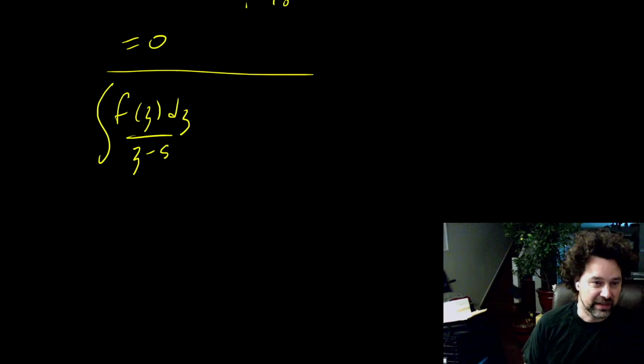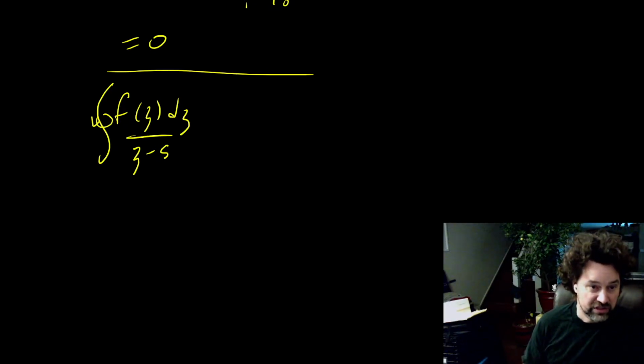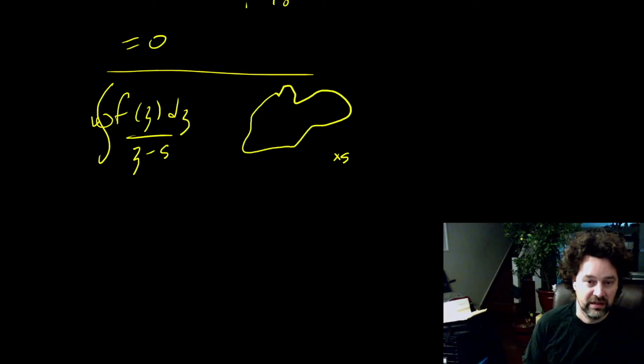Presuming f of z is analytic everywhere in the integration range, this is a function that's analytic everywhere except at the point s. So if this is our point s, and we take some path that does not surround s, then f of z over z minus s is analytic everywhere over that curve. So that integral will be 0.